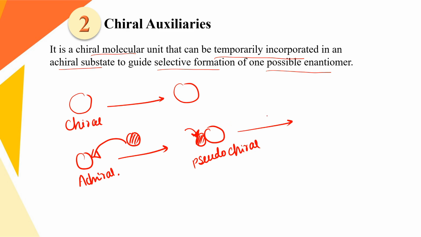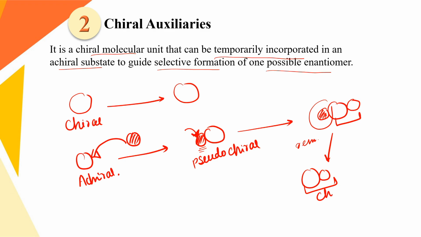That stereochemistry is influenced by this chiral auxiliary. After that, this auxiliary part gets removed to give the product, a chiral compound.